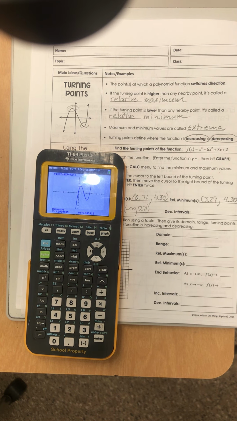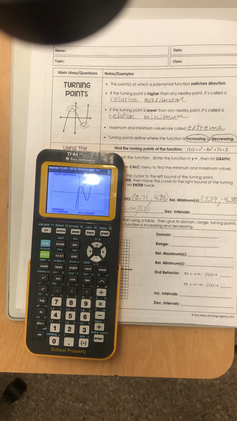So it's neither increasing nor decreasing. But then it starts decreasing going down this part until I get to the minimum. And then it flattens out again. So I'm not including 0.71. I'm not putting a bracket there because at 0.71 it's flat. It's neither increasing nor decreasing. But up to 0.71, it's increasing.